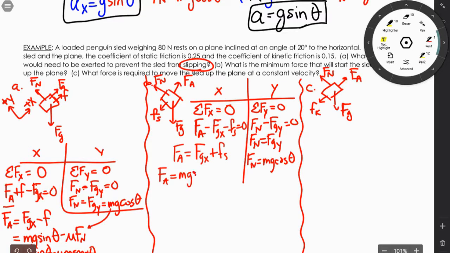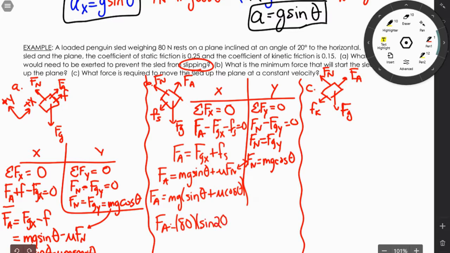So this is going to be mg sine theta plus mu Fn. Well, there's Fn again, it's mu cosine theta. So we're going to get Fa equals mg times sine theta plus mu cosine theta. So there's your difference again, right? In part A, it was a minus sign. In part B, it's a plus sign. And so now we're just going to do Fa equals 80 times sine 20 plus 0.25 cosine 20.